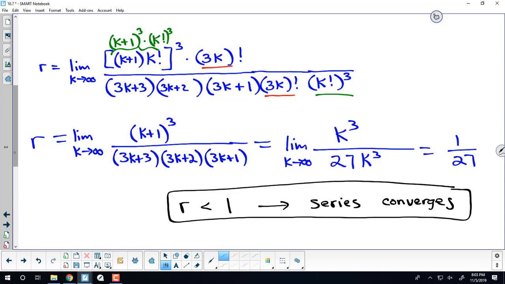Anyone have any questions? All right, so in chapter 10, we're just looking at a series and saying, does it converge? What we care about more than anything else, as we'll see when we start chapter 11, is that we can take a function that has a continuous derivative and express it as a series.